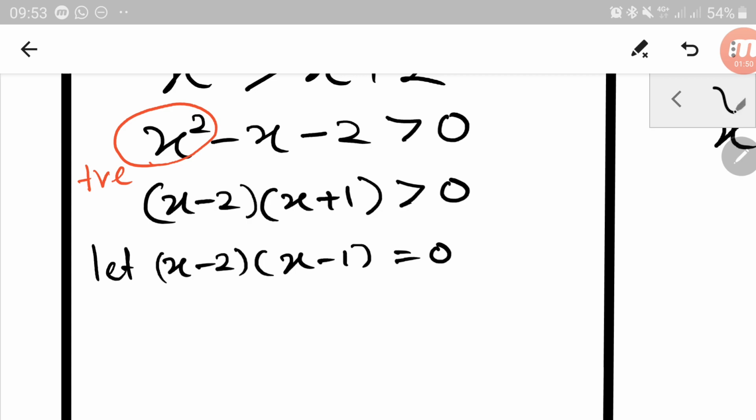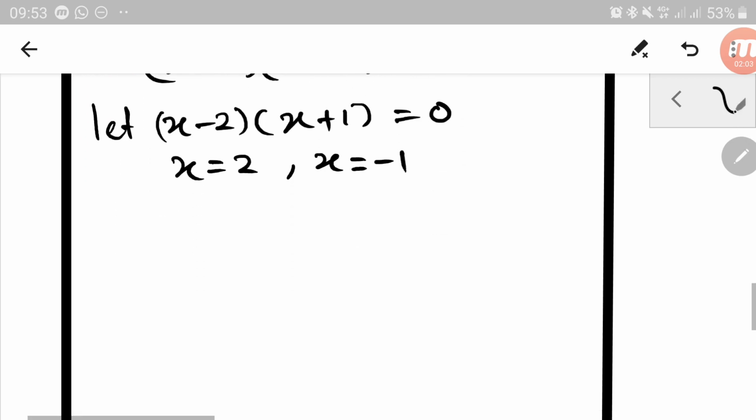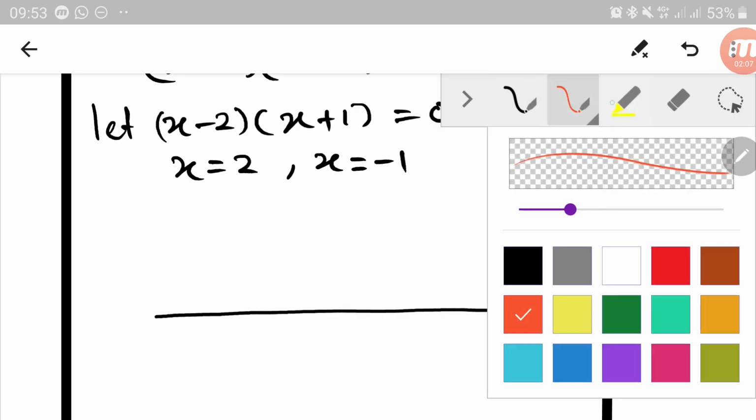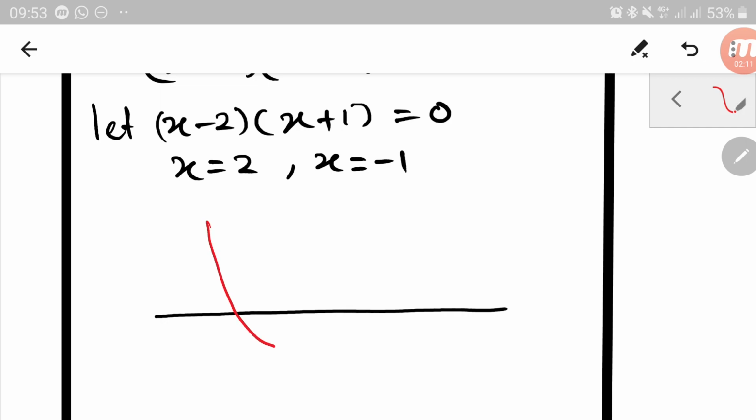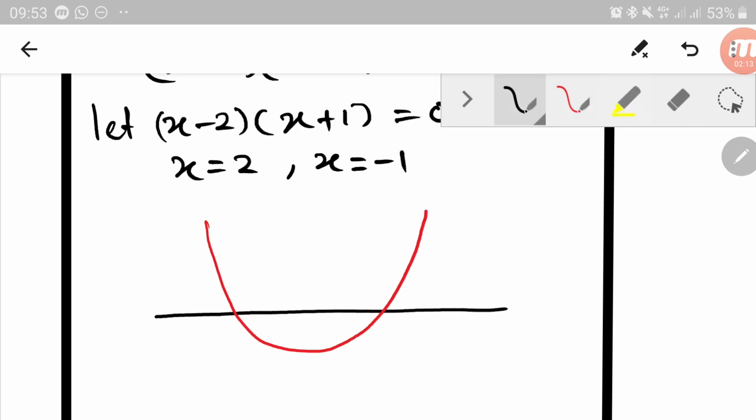We just need to know where the values are. So from here we get x equals 2, x equals, I made a mistake, plus there, so minus 1. From here we know that we will have a smiley function, maybe in red color, where it intersects at x equals minus 1 and x equals 2.